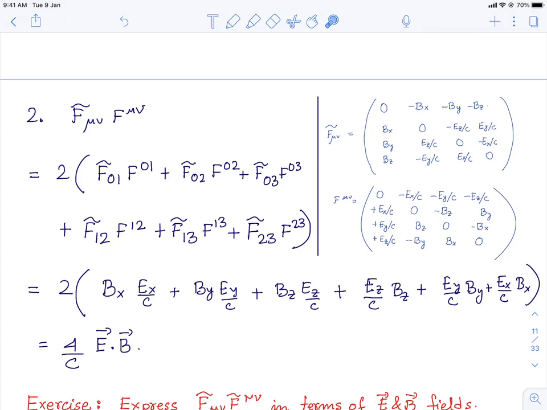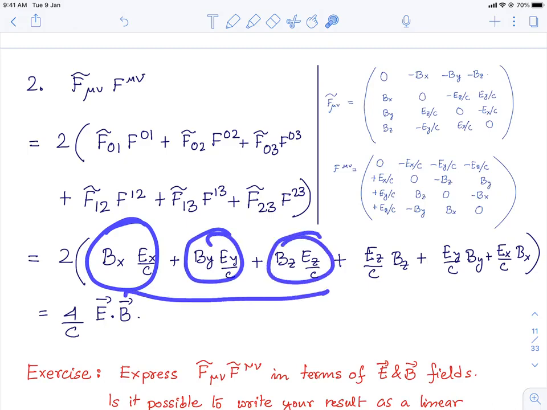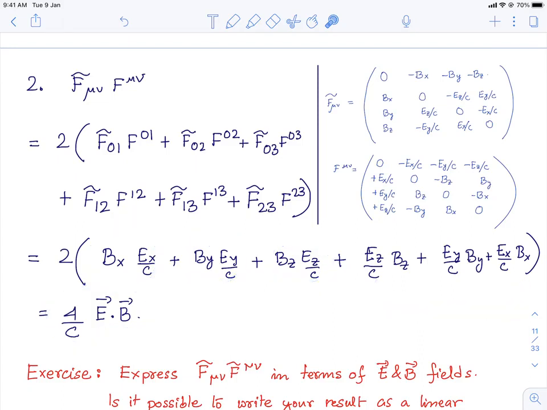If you keep track of these 6 terms, you will see that they combine into E dot B. So it's just twice E dot B. So that's like 4 times E dot B, apart from this factor of 1 over c, which is there because it's there in the electric field. So this object here, the contraction between the dual field strength and the field strength, is E dot B, and this is a relativistically invariant object.